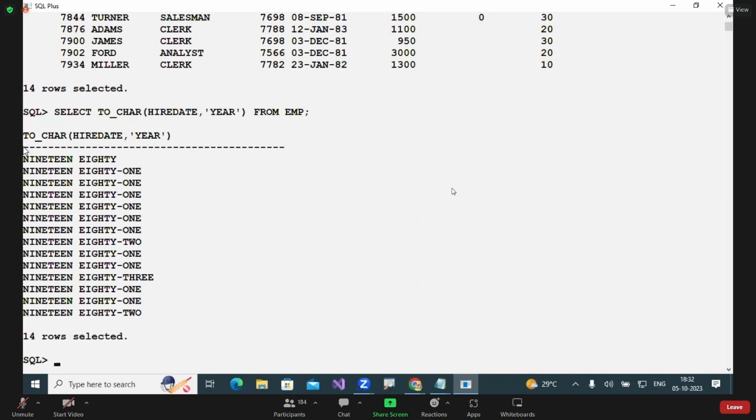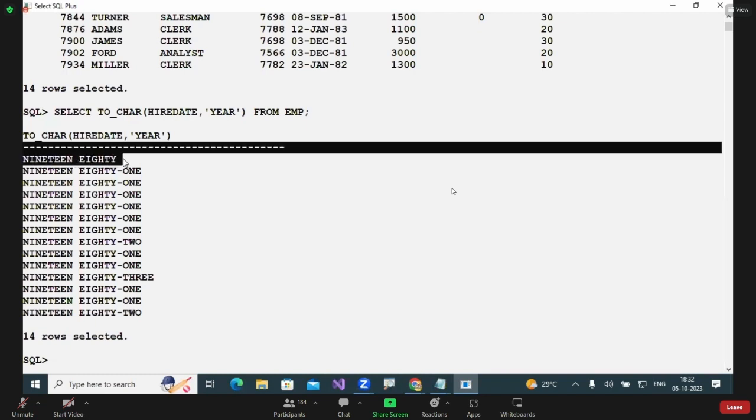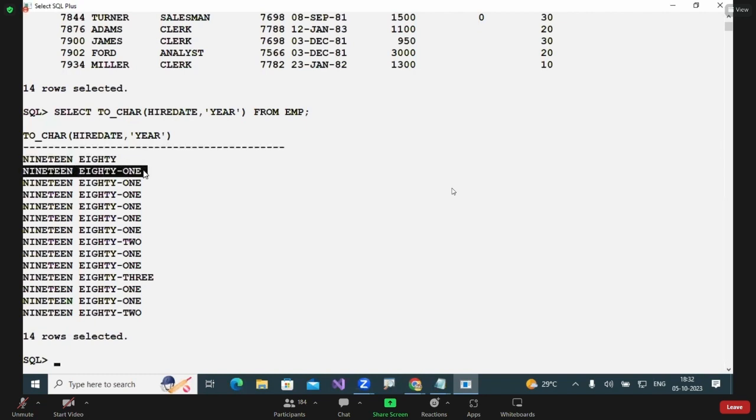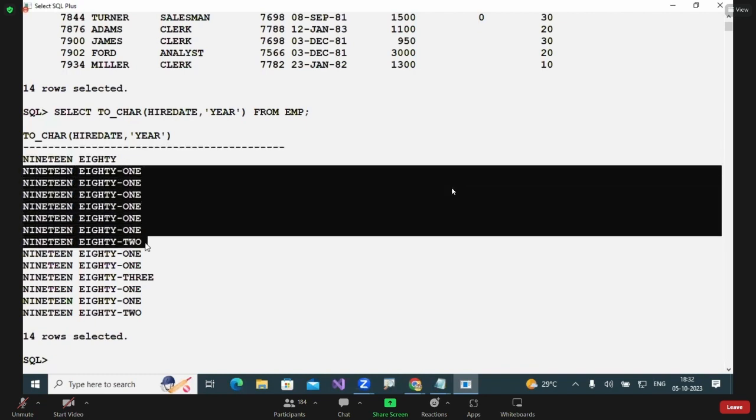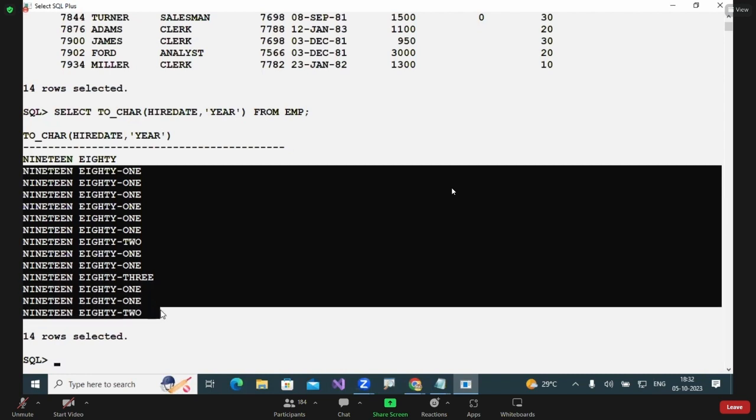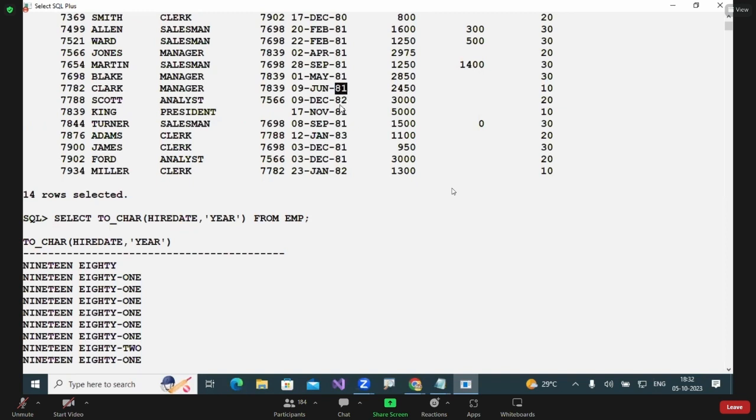And these are which years? 19 years: 1980, 1981, 81, 81, 81, 82, 83, and 81, 82. So that means in my table, whatever these years are, these are not 17s, these are not 18s, these are 19s. So I can see it by using this interval.